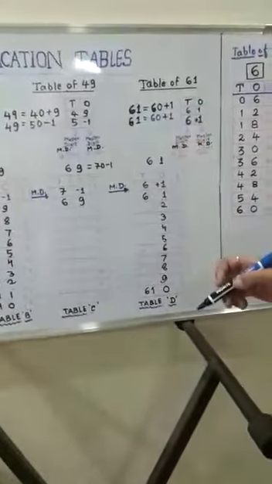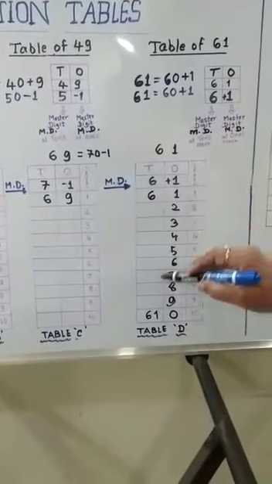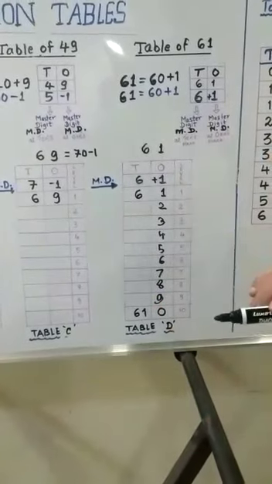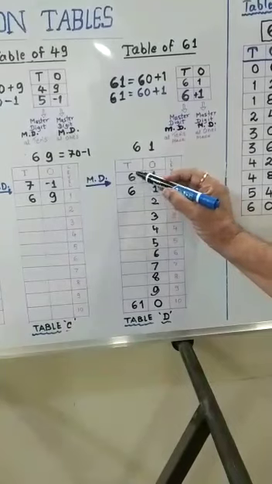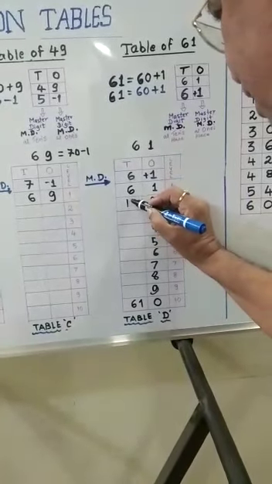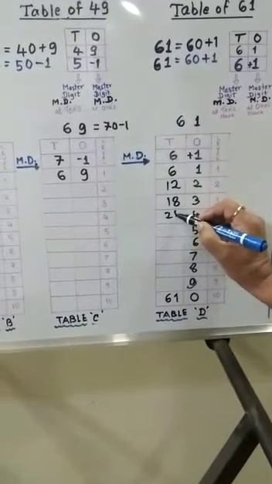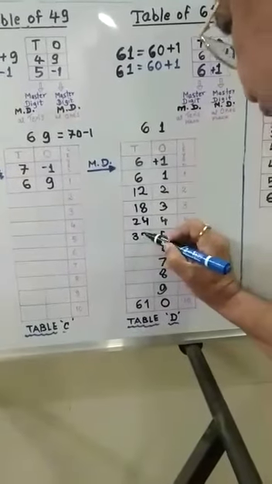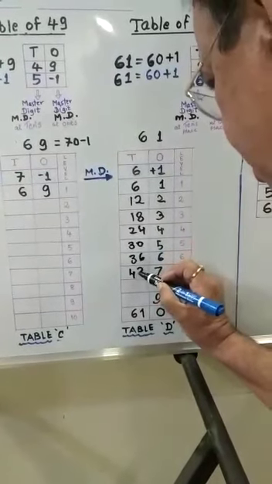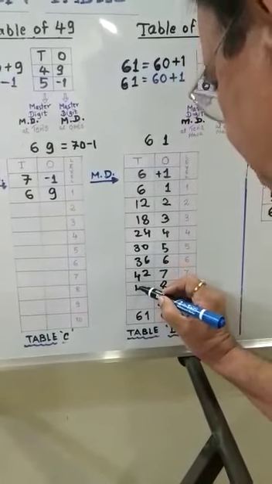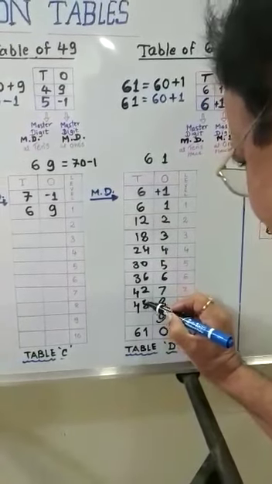Now let's go to the tens place. We need only the numbers from the second place to the ninth place because the last number is already there. How to get that? Just add 6 into 6. That is 12, 18, 24, 30, 36, 42, 48.